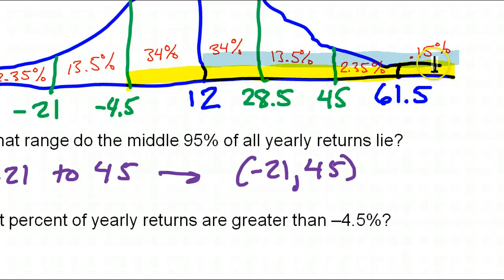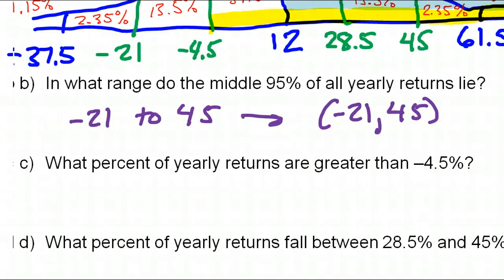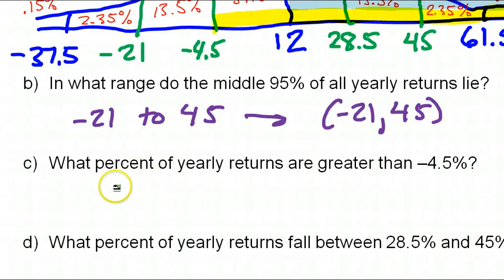So really all I need to do is add in this extra 34%. So I'm really just doing 50% plus 34%. That is 84%. It's the quick way to do it. Okay, so 84%.